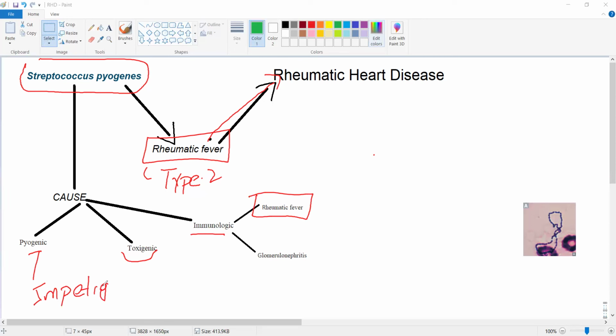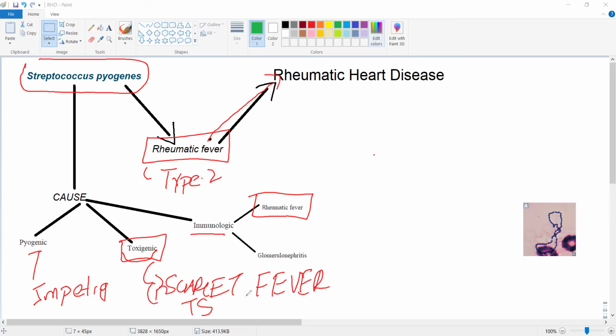The toxigenic ones include scarlet fever, toxic shock syndrome, and necrotizing fasciitis. These are also high yield.